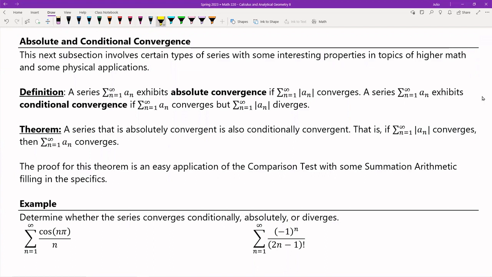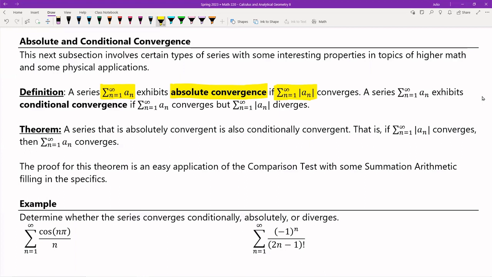So a series is absolutely convergent, a series without the bar, so notice that we are talking about the sum from n equals 1 to infinity of a sub n, is absolutely convergent if the absolute value of the series also converges.